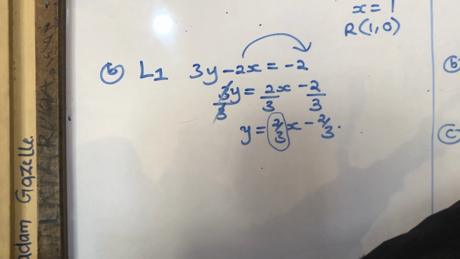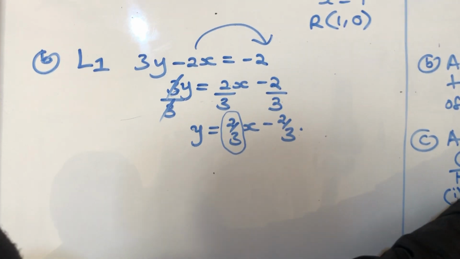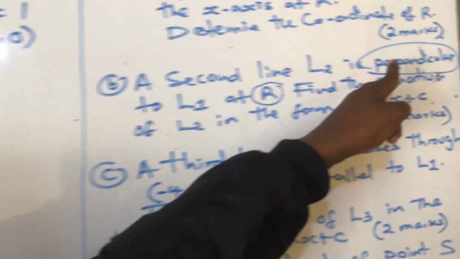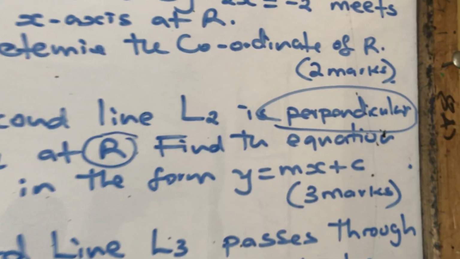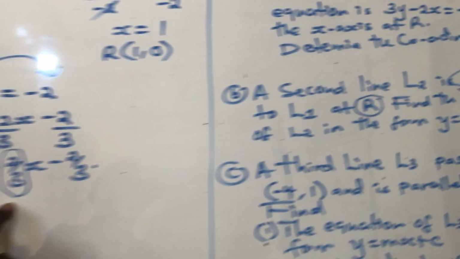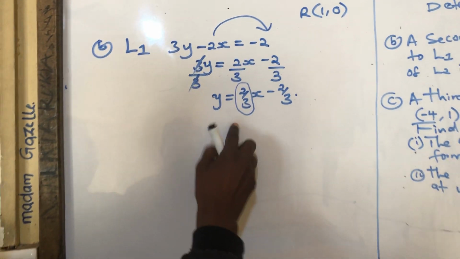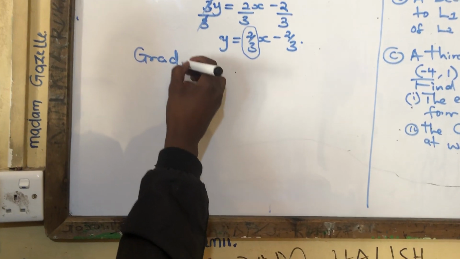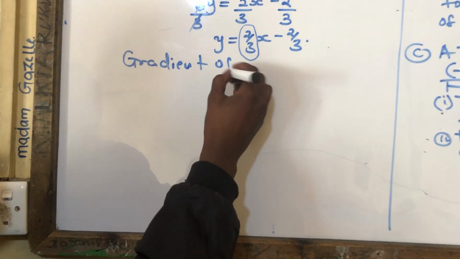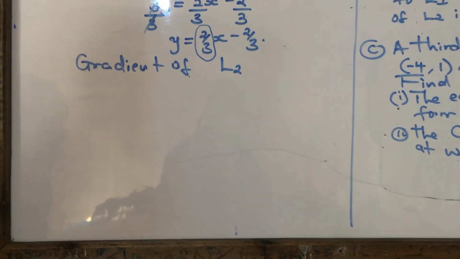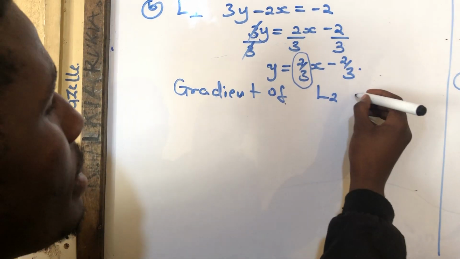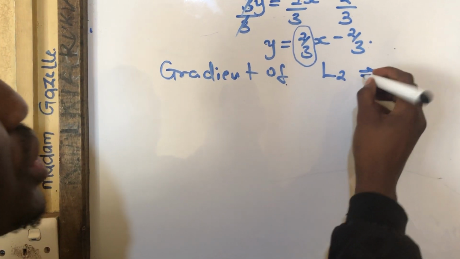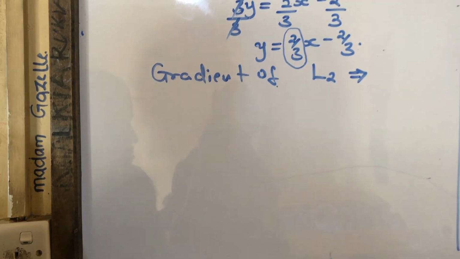The two lines are perpendicular to each other, remember? Which implies that if line L1 is having a gradient of 2 over 3, then what will be the gradient of L2? The gradient of line L2 will then become the exact opposite of what we are having here.